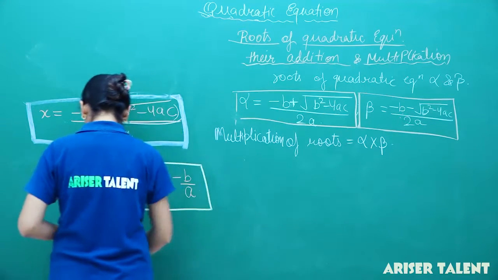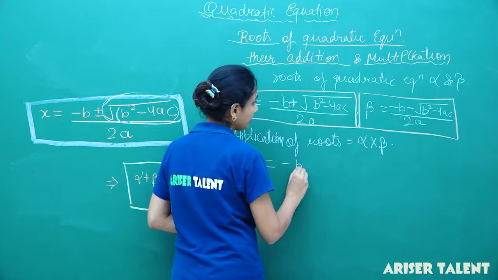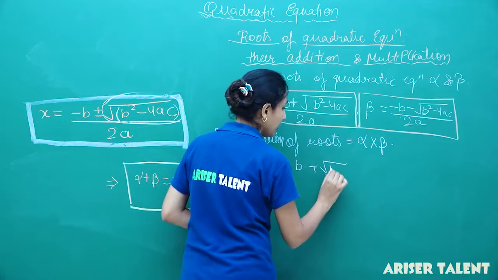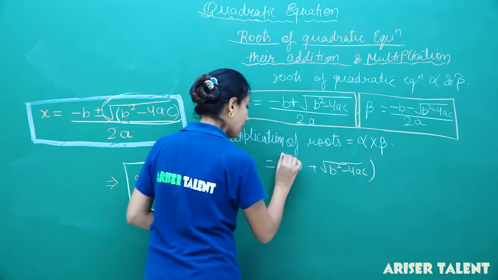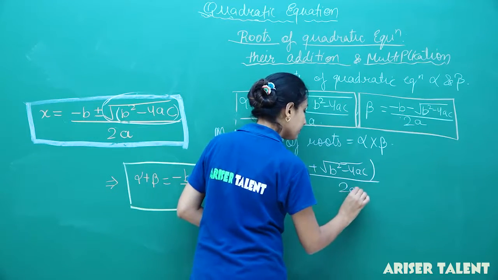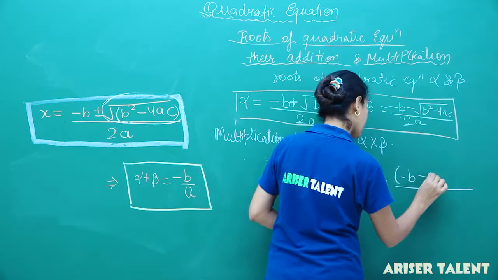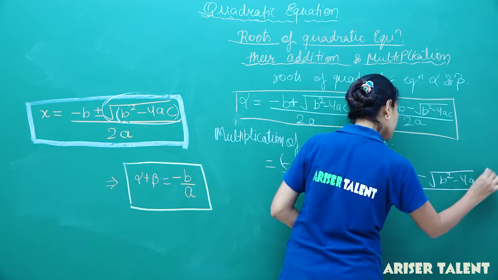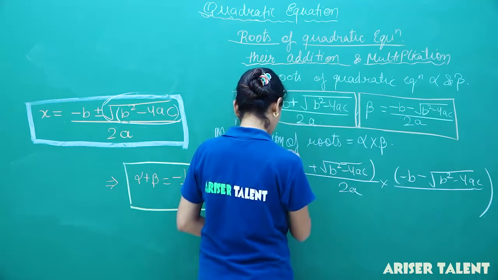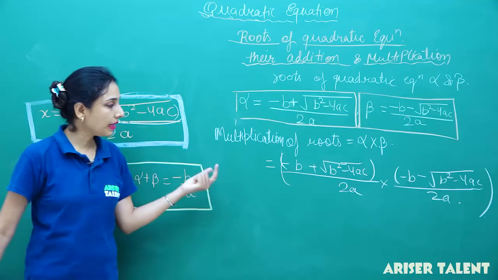That will be equal to minus b plus root b square minus 4ac, multiplied by this value, minus b minus root b square minus 4ac, upon 2a into 2a.